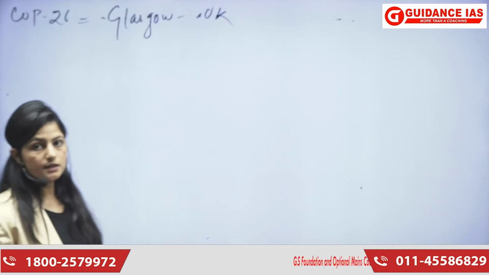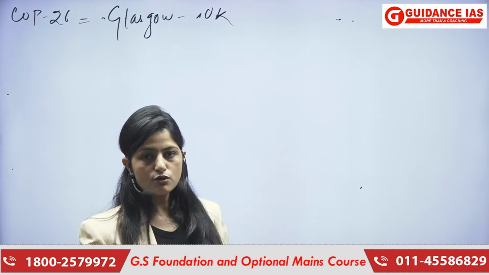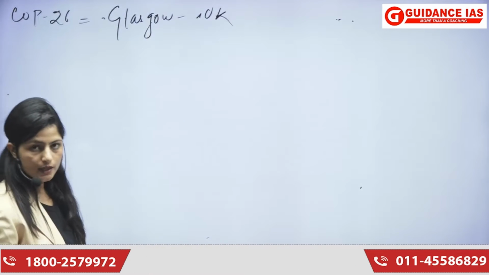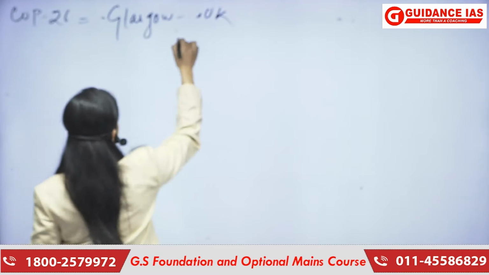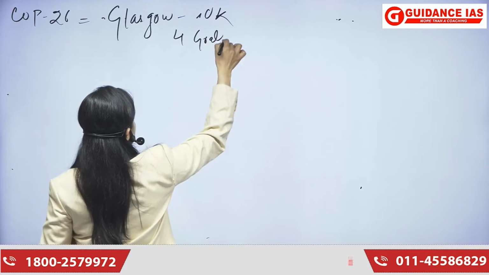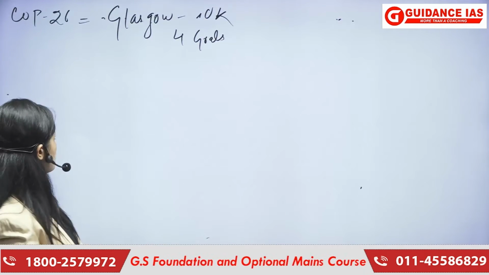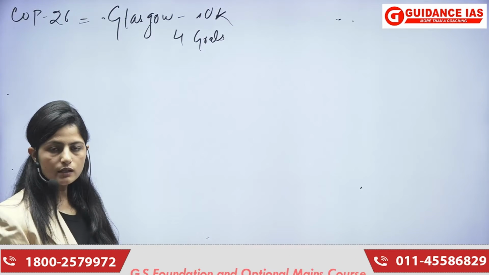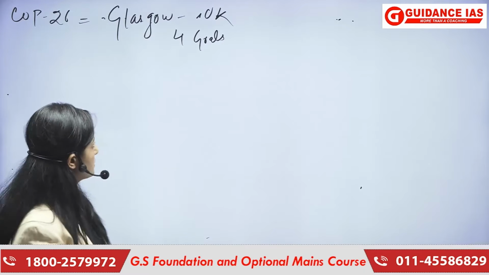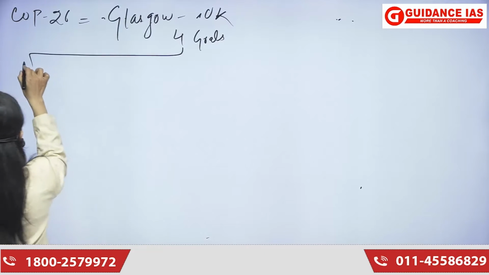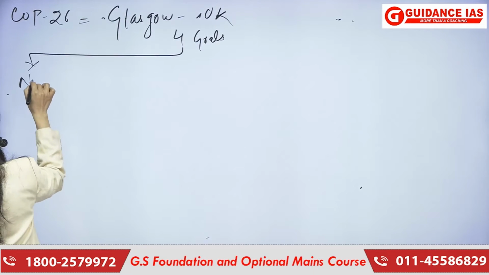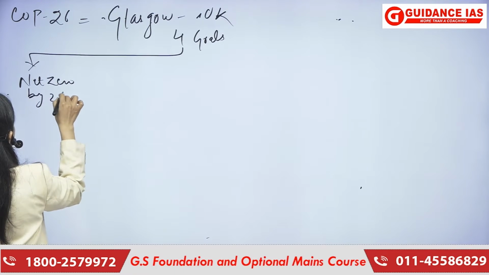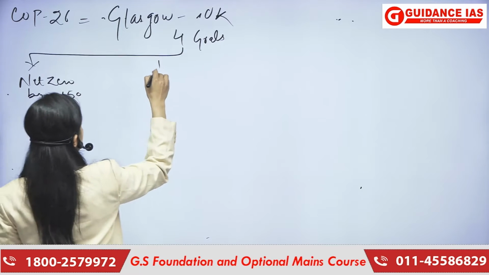Under COP26, there were 4 goals the global leaders basically targeted or committed to. Let's try and understand what those 4 goals are before we get into the details of India's commitment. Let's try to understand the global commitments first. The 4 goals were: first, net zero by 2050.